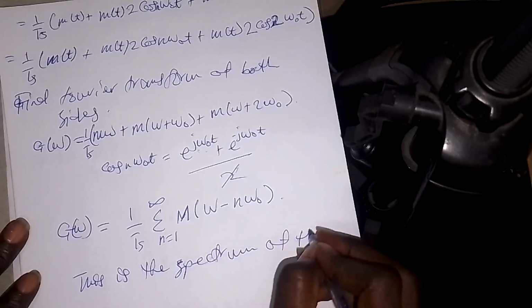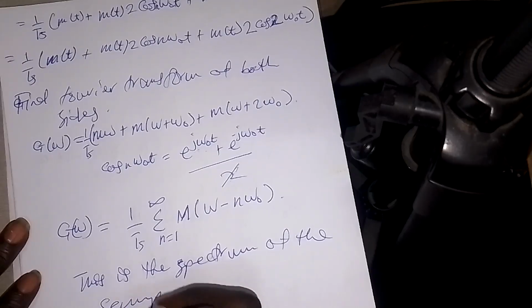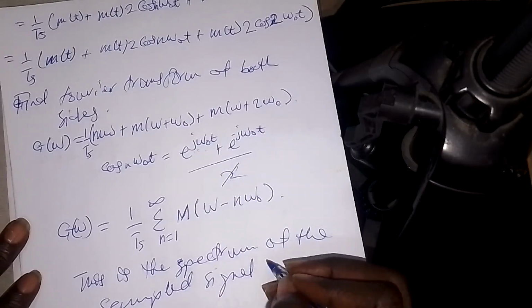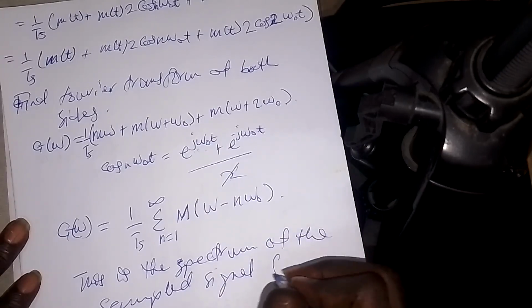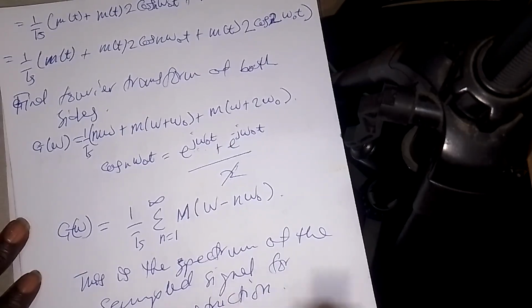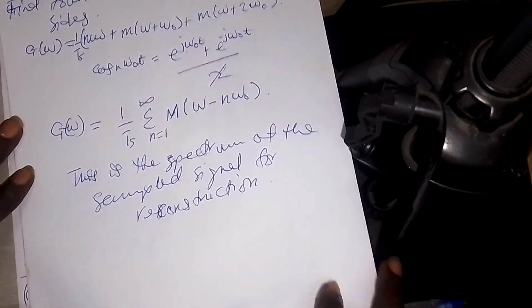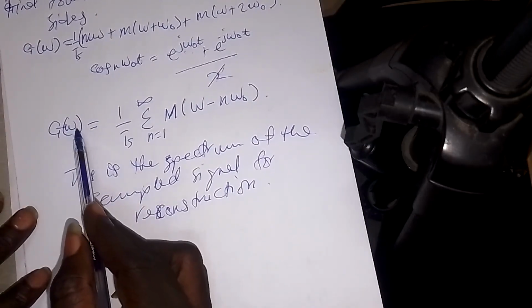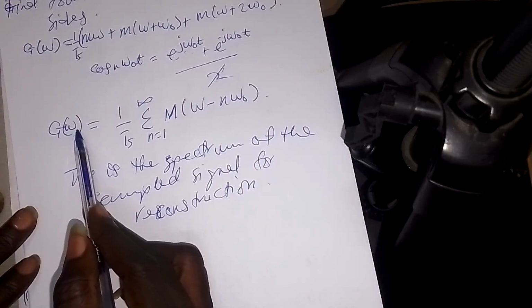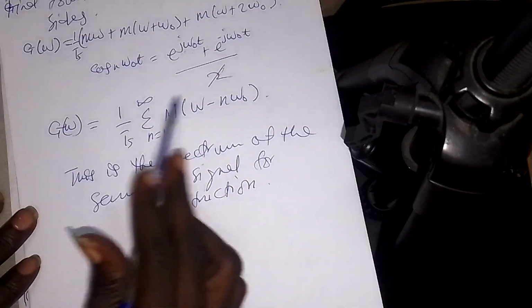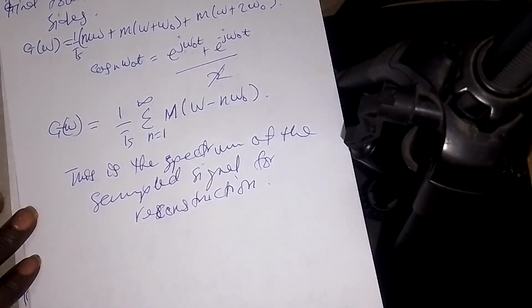This is the spectrum of the sampled signal for reconstruction. Because if I want to do reconstruction, I'll have to find the inverse Fourier transform of this spectrum to get my reconstruction back.